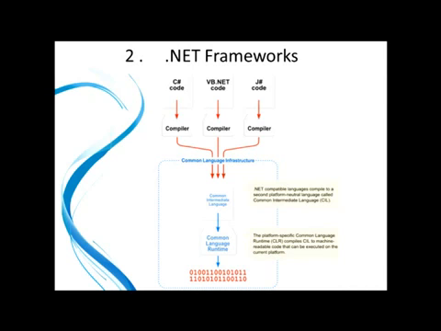That you could have C#, VB code, and J#, all in one project, compiled into one intermediate language called the Common Intermediate Language. And then the Common Language Runtime, this virtual machine, converts that common intermediate language into ones and zeros, which is the native language for the machine.